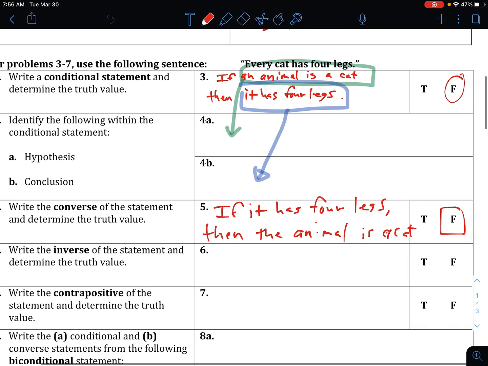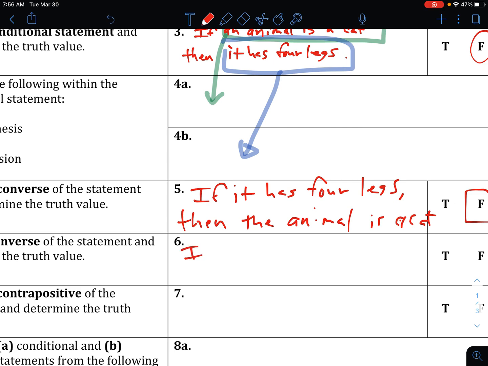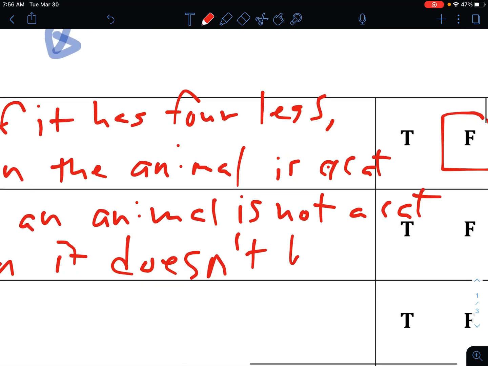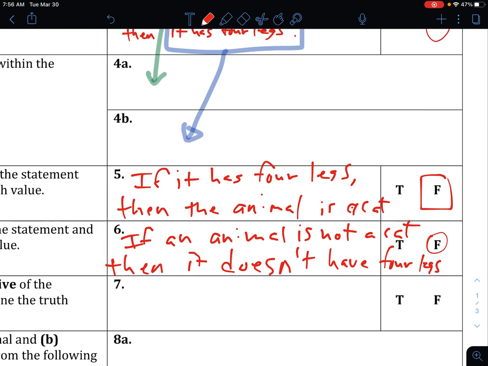So the inverse would be if an animal is not a cat, then it doesn't have 4 legs. Well, that's false. If an animal is not a cat, then it doesn't have 4 legs. Well, what if it's a lion? It has 4 legs, and it's not a cat. Okay?